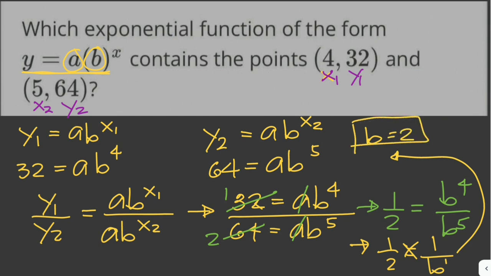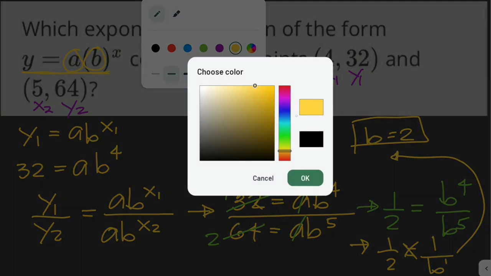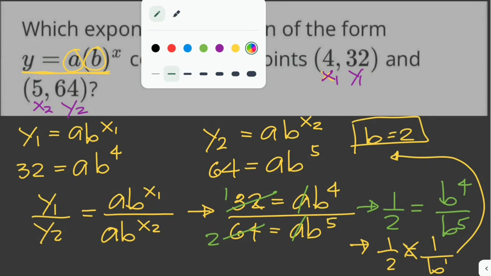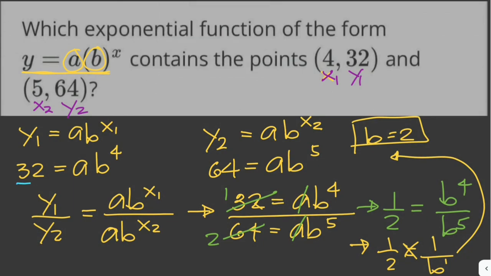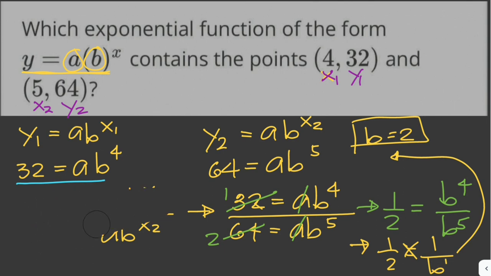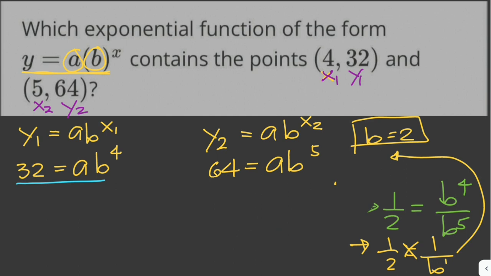And now we can solve for a. We can choose either of the 2 equations. Okay, let's say we choose this one. 32 equals a b to the 4th. We just plug in the value of b here to solve for a.